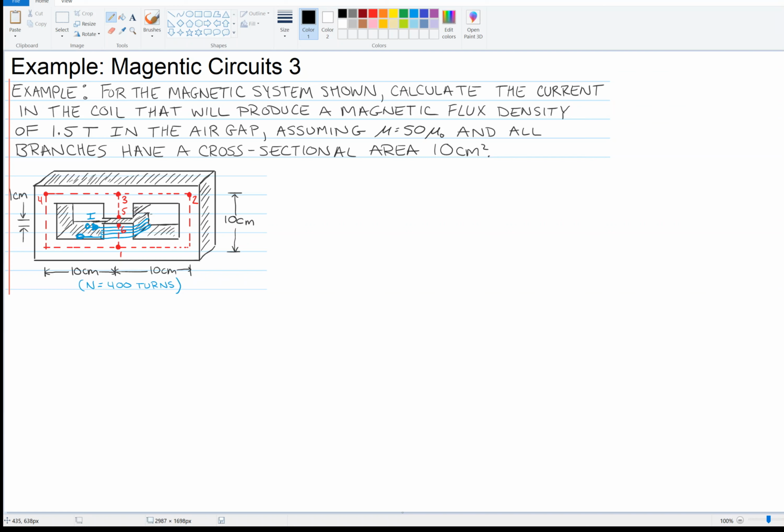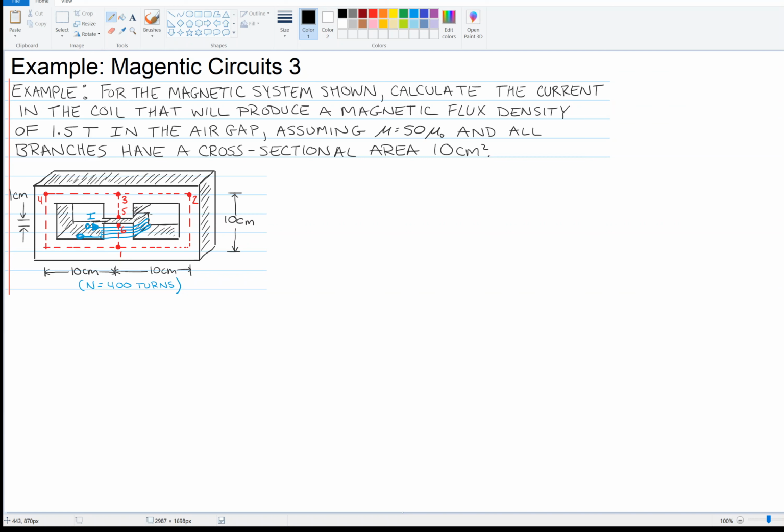And we're given the lengths of these. The gap is 1 centimeter, shown over here. Then the vertical distance is 10 centimeters, and each horizontal segment there is 10 centimeters, and the number of turns here is 400.